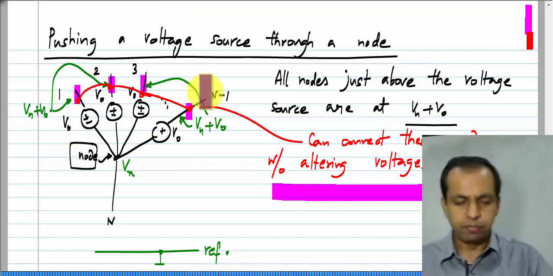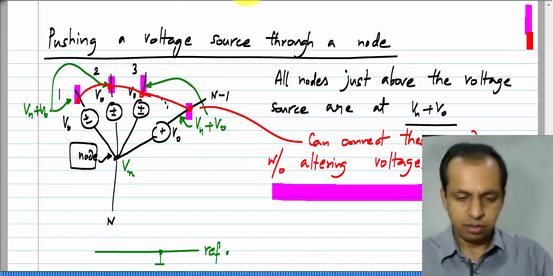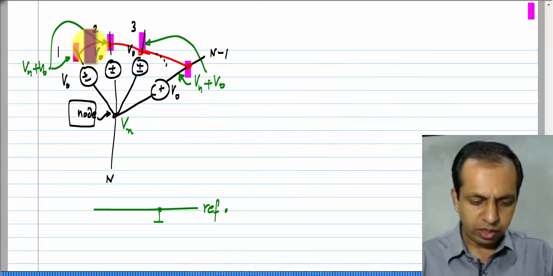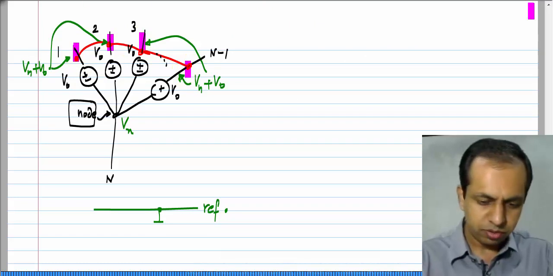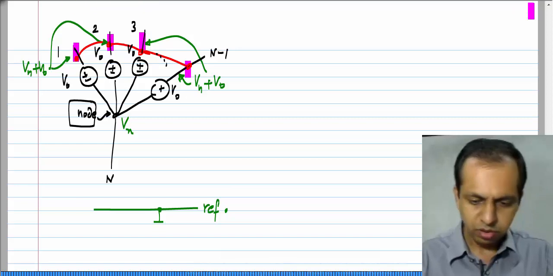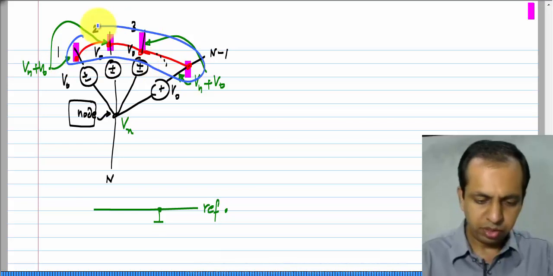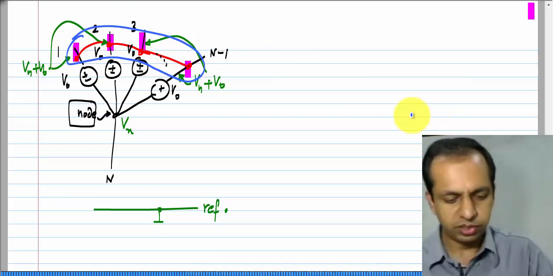Now, what do we have? Let me copy this over. Now, we have taken a wire and shorted all of these things. So, this entire thing now is a single node, because we have taken a wire and shorted all of that stuff.